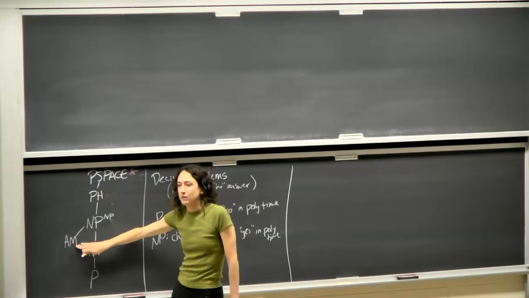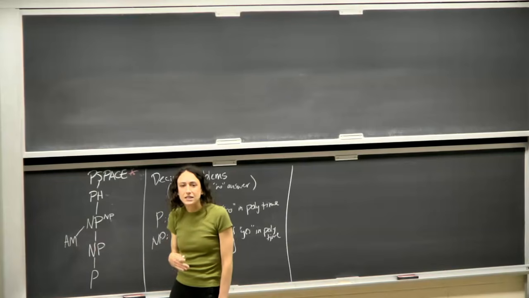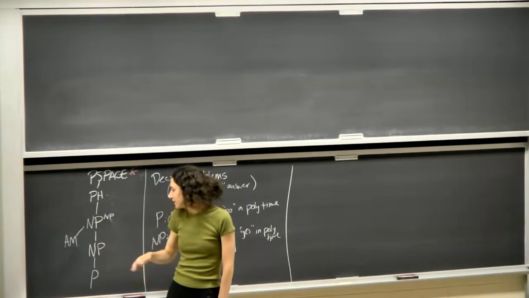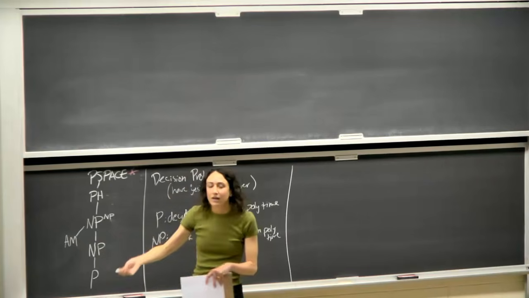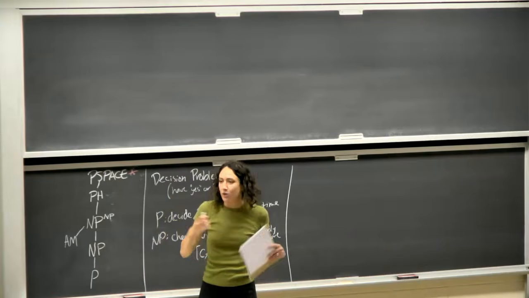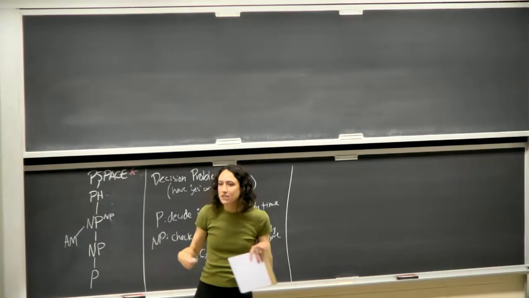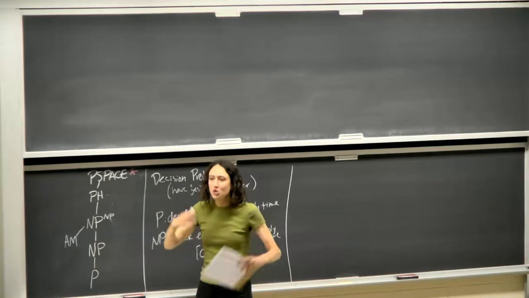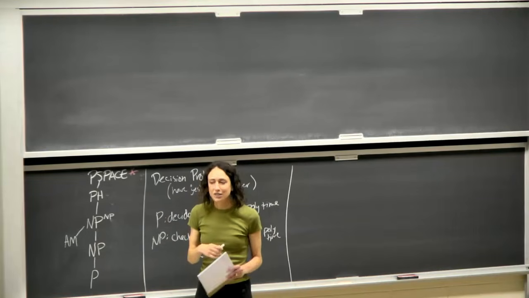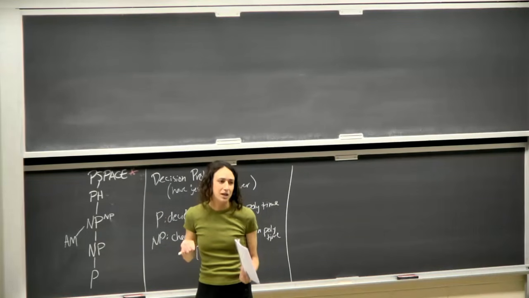This stands for Arthur-Merlin, if you're interested. And this is a class of problems where there are interactive proofs, where you have a computer and an oracle that are passing messages back and forth, where you, as the computer, are going to end up with the correct answer most of the time.